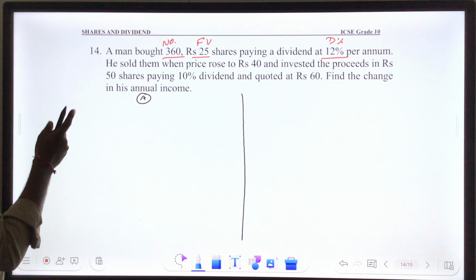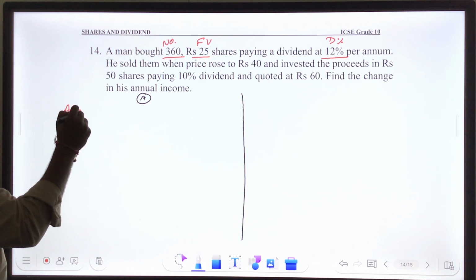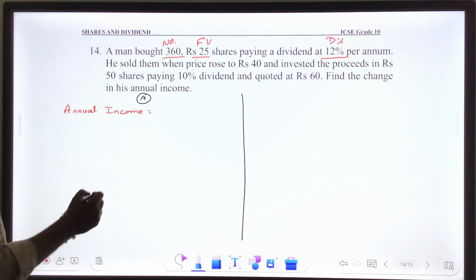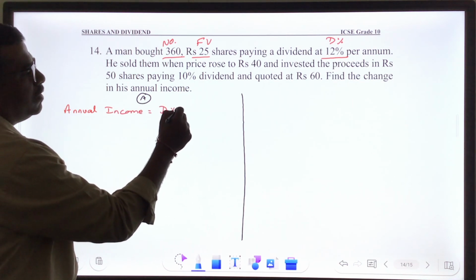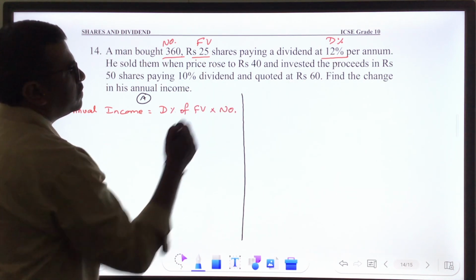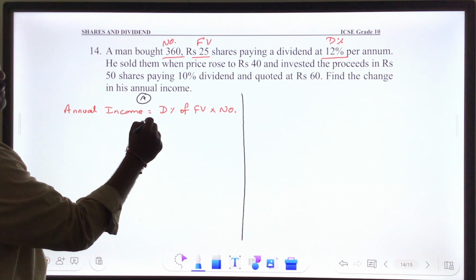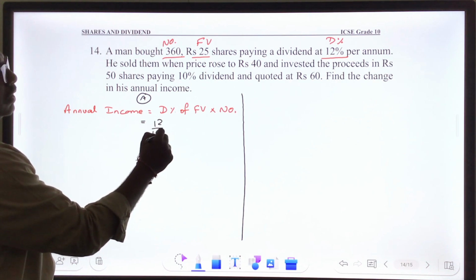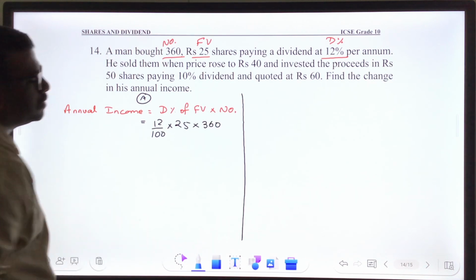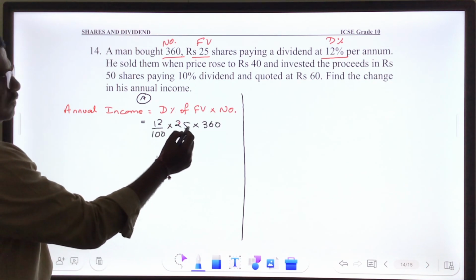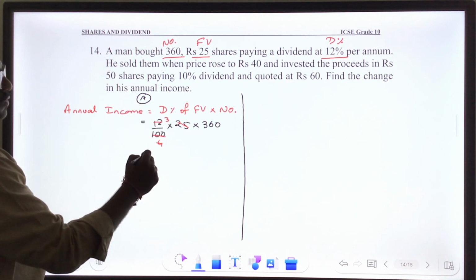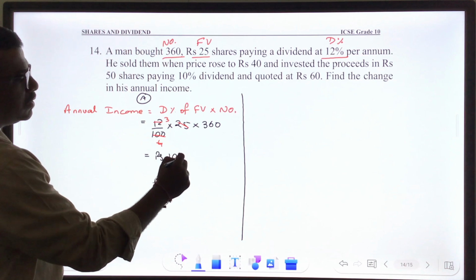So annual income in company A is rate of dividend on face value times number of shares. So that is 12 upon 100 into 25 into 360. And simplifying this, we get 3 times 360, that is rupees 1080.